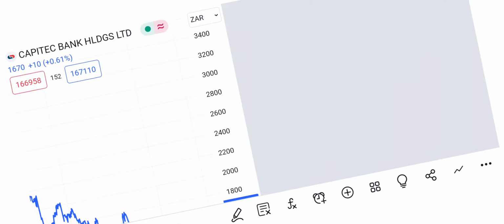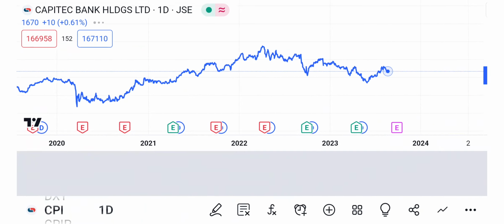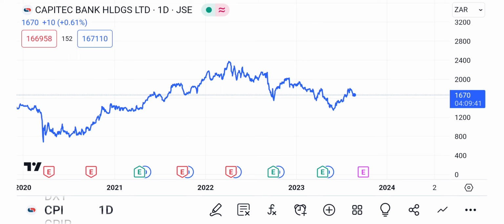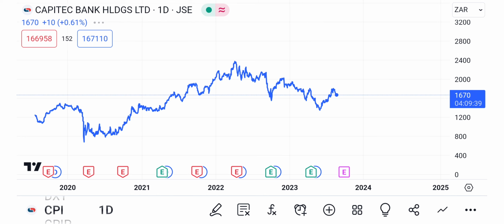Now, what I'm going to do here, because it allows me to rotate my screen, I'm going to turn my screen to look like this.